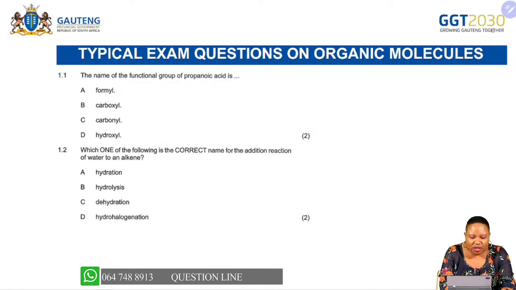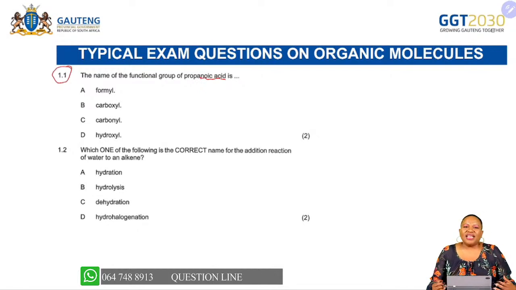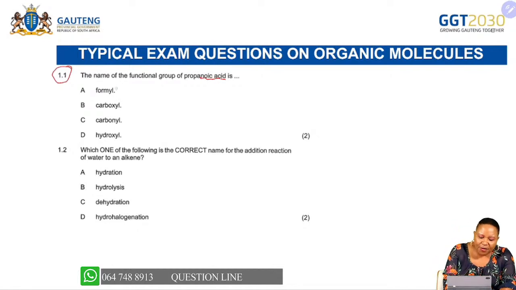Let's say question 1.1 here. It says: the name of the functional group of propanoic acid. Immediately, this is a recall type of question. You need to recall the names of the functional groups, and today I have reminded you of them. The first one they say is formyl. Formyl is not correct, because formyl is for the aldehydes.